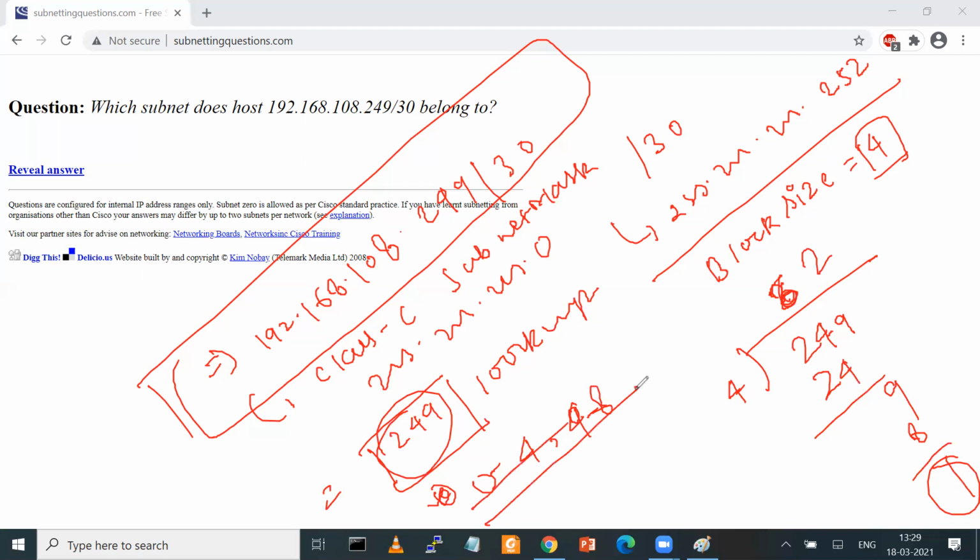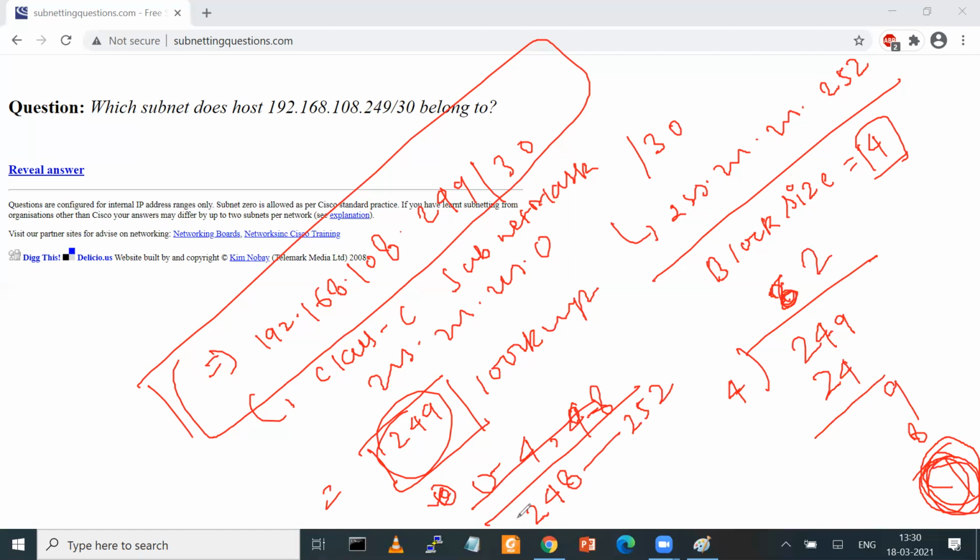It means if you subtract the remainder, we get the exact block number. So the block number for this value is 248, and again we just have to add 4, so it's 252.